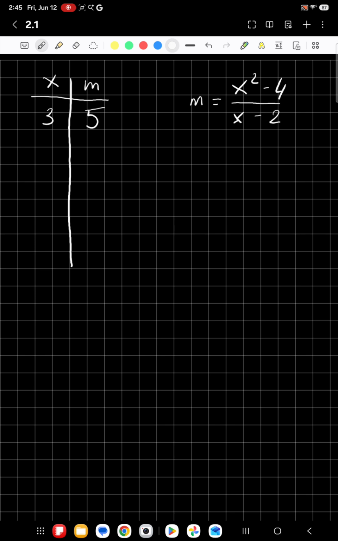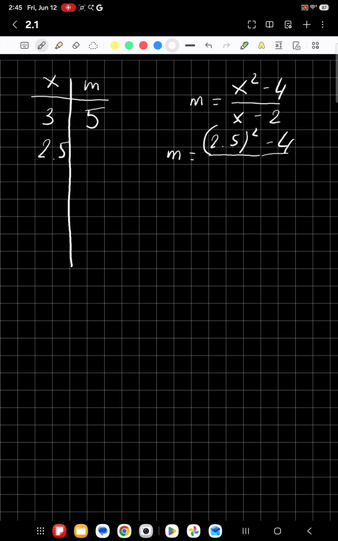All right, so next we'll make that x closer to 2. Let's pick 2.5. So m equals 2.5 squared minus 4, divided by 2.5 minus 2. I'm taking this x and plugging it into the formula for slope.